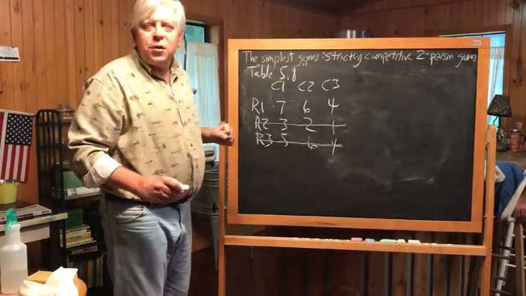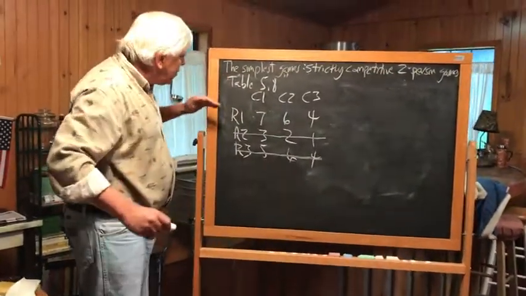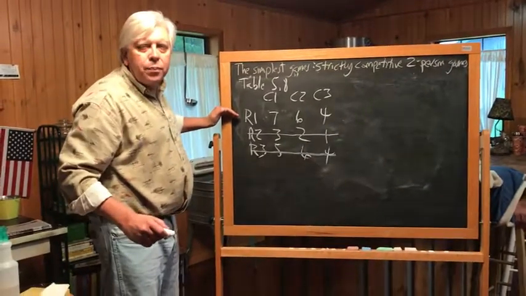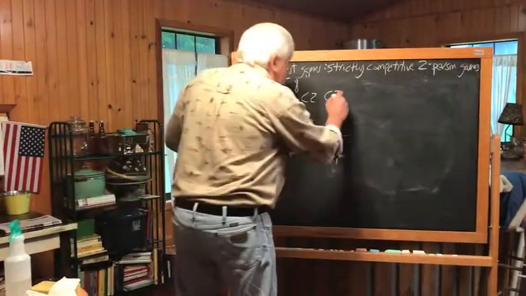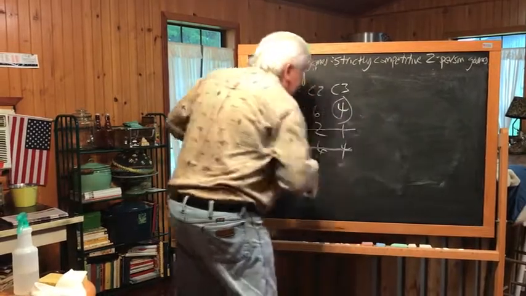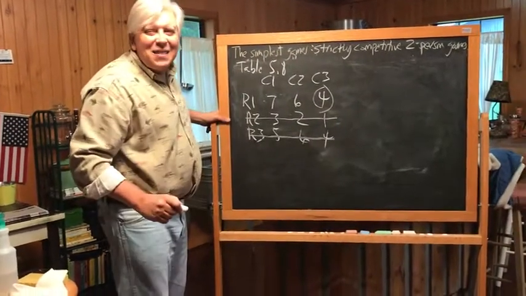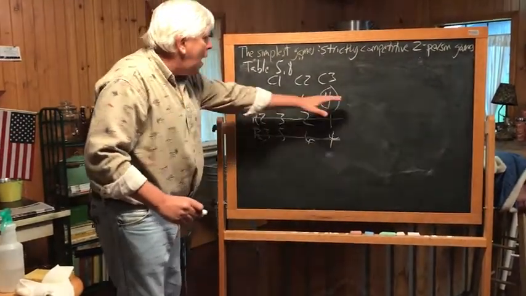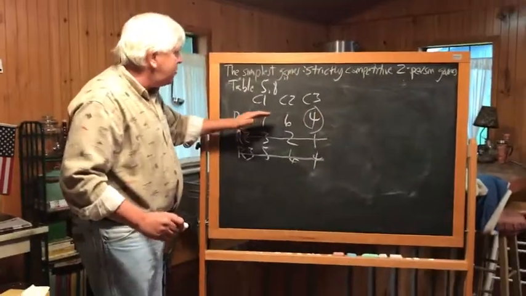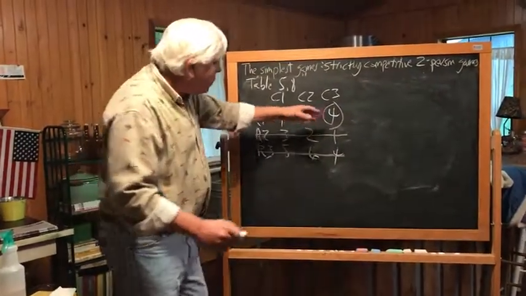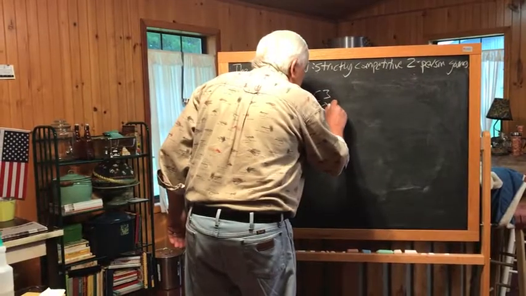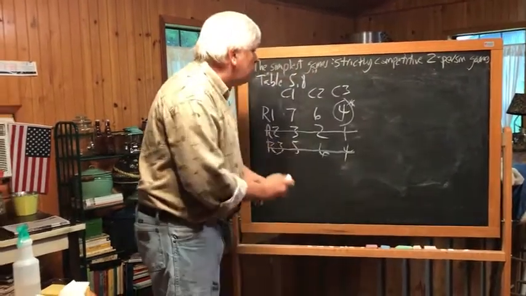Column knows this, so column realizes that row is going to play R1, and so column is going to choose C3 in order to minimize his or her losses to -4 as opposed to -6 or -7. Here we have the dominance reaching the solution to this particular game.